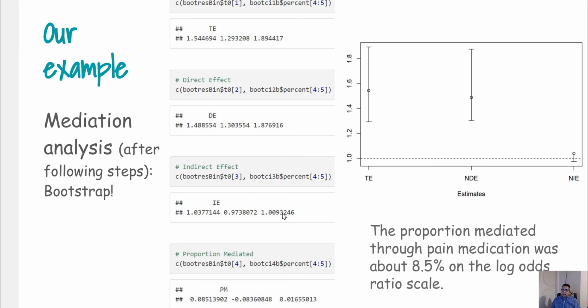So these last two numbers that you are seeing are basically confidence intervals, and interestingly, you can see the total effect is significant, the direct effect is significant, but the indirect effect was not as significant. So only 8.5% of the effect was being mediated by the pain medication. So does it make sense to do a mediation analysis or not?